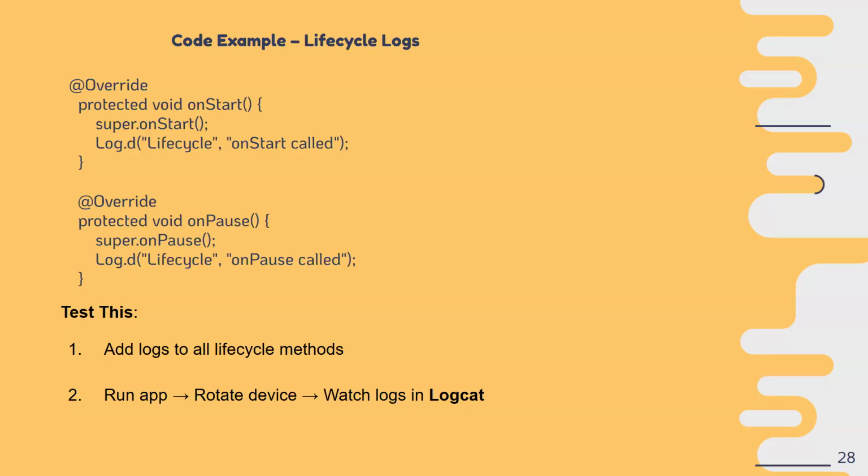You can easily write it with @Override, then protected void onStart, and inside that super.onStart and Log.d, whatever you want. You can write anything here inside double quotes. So just see and copy the code.